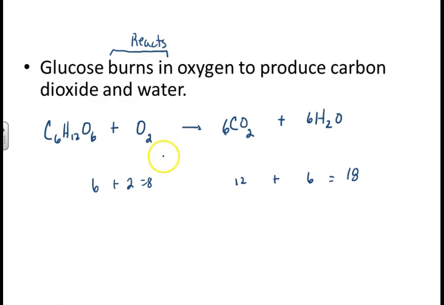Well, if I've got 18 here, and let's just look at the 6 here. I'd prefer not to put a number out in front of the carbon because that'll upset the balancing. So if I've got 18 and I take away these 6, that leaves 12 more than I need on this side, and 6 times 2 is 12. Balanced equation.